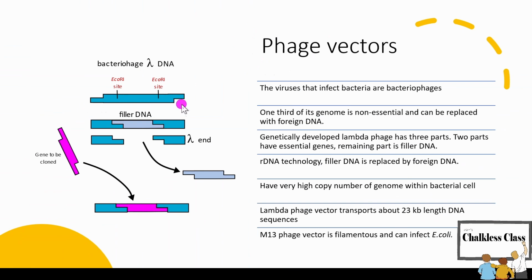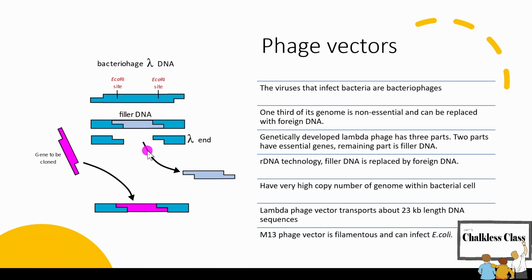The bacteriophages have cohesive ends. These are also called cos ends. Cos means cohesive ends. And the non-essential DNA can be replaced with foreign DNA in rDNA technology. You see here, two sites are there for EcoRI, and these will cut this DNA into three fragments.